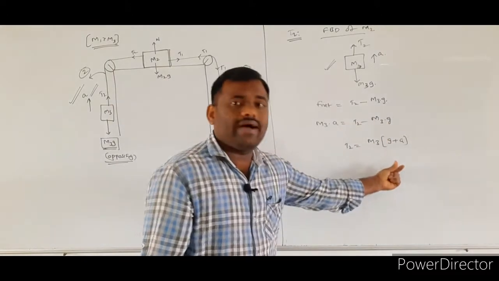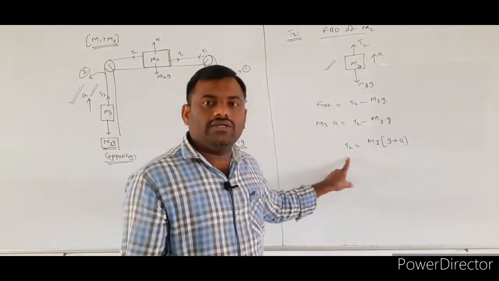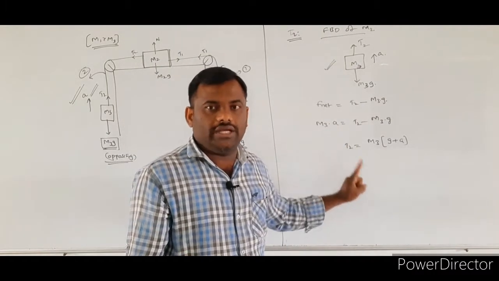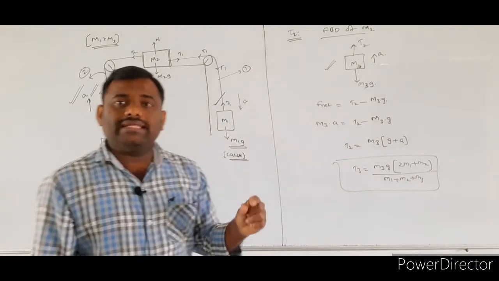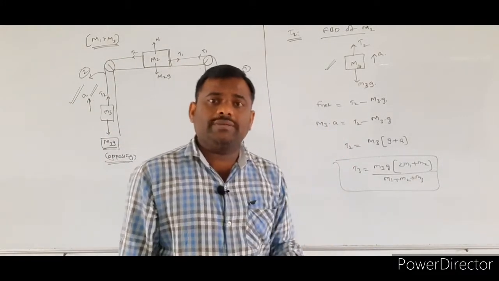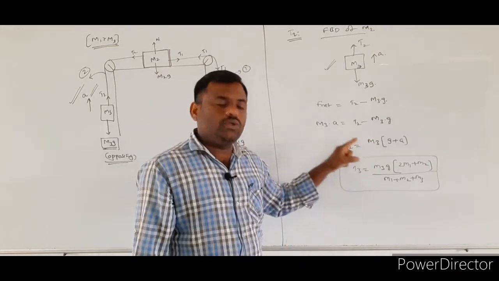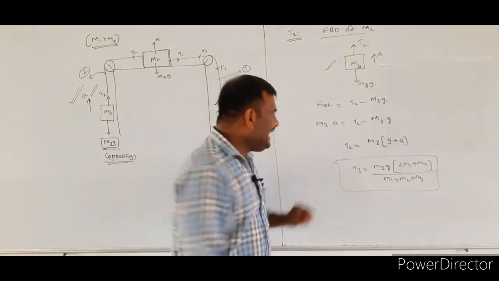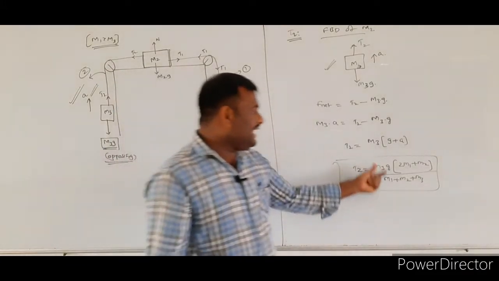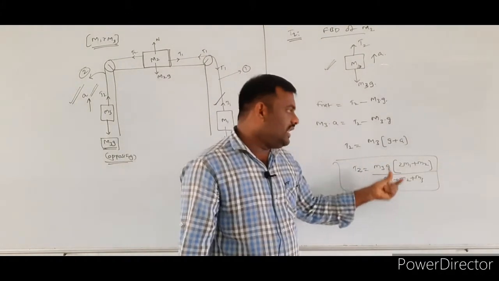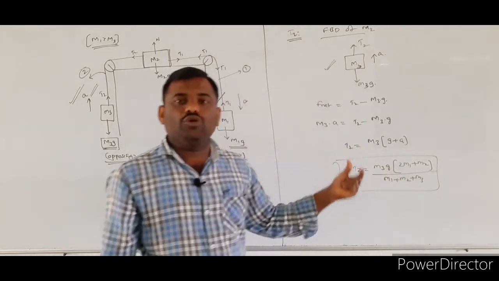If you substitute the value of A and simplify it, you will get the value of T2. If you substitute the value of A as m1 minus m3 into g by m1 plus m2 plus m3 in this given equation, the final result for the tension is T2 is equal to m3 into g within the bracket 2m1 plus m2 by m1 plus m2 plus m3.